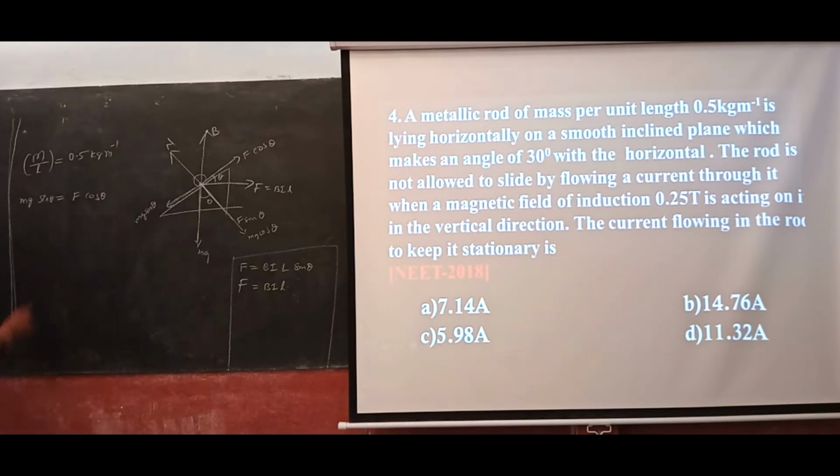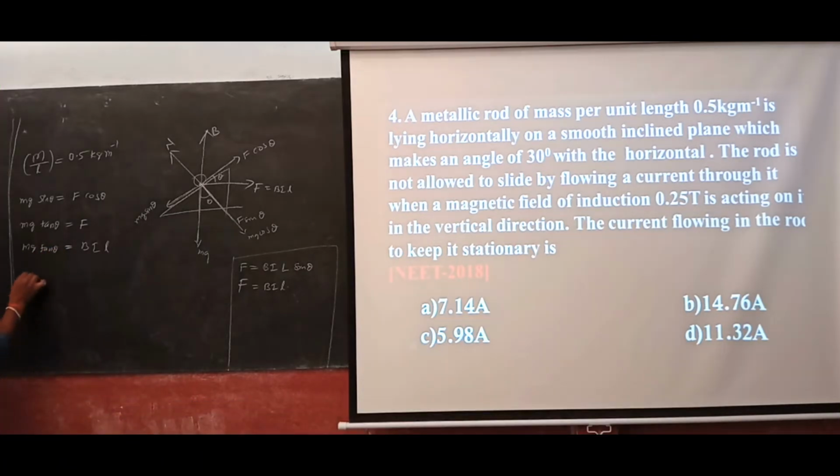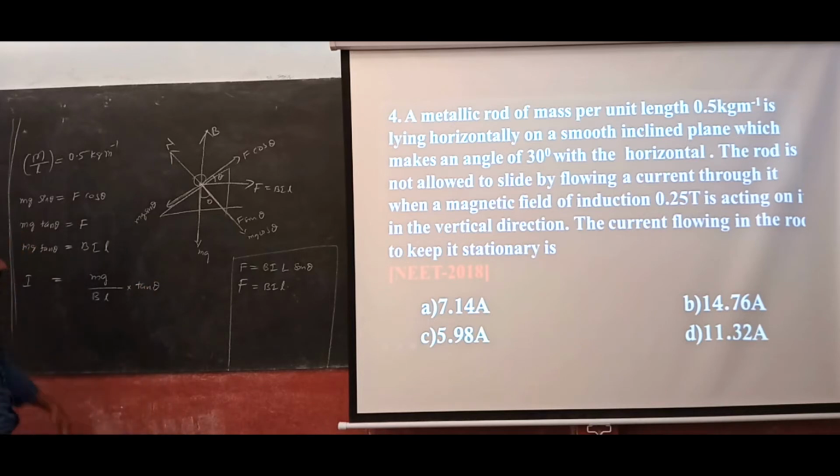So mg into sin theta by cos theta is tan theta, which is equal to F. F is nothing but BIL, that is mg tan theta. So BIL is that, and I have to find I. So I equals mg divided by B into L into tan theta.